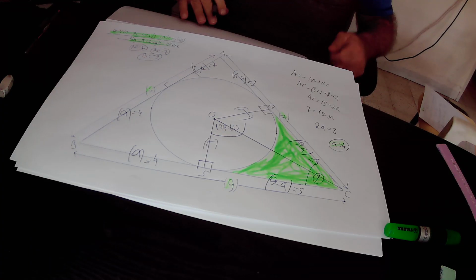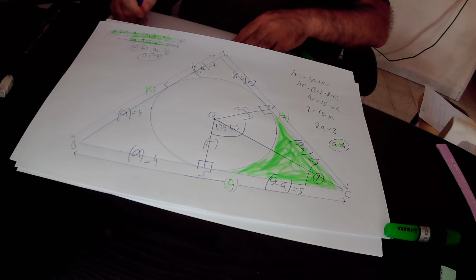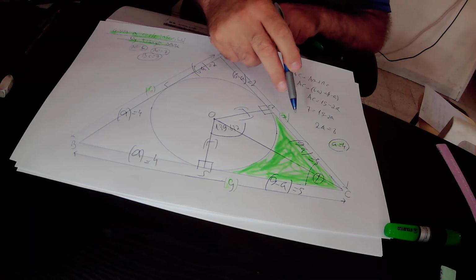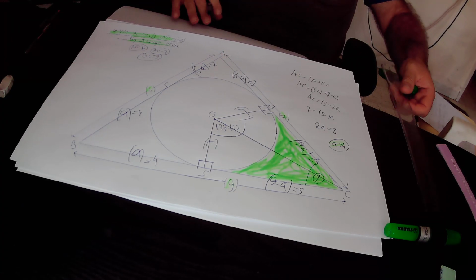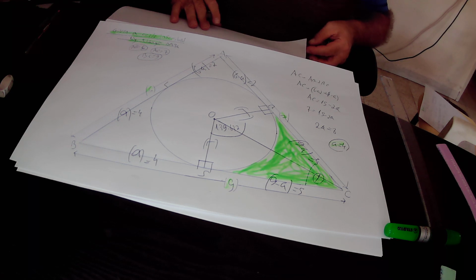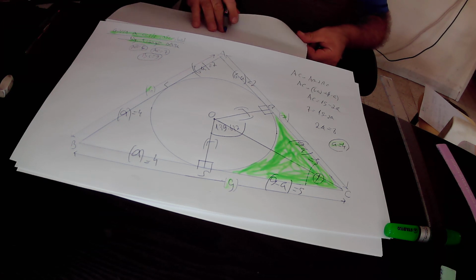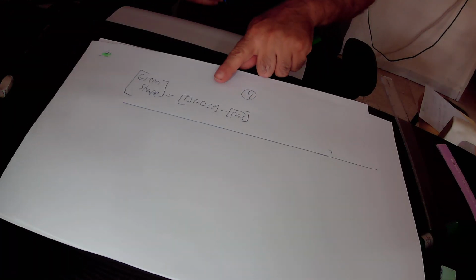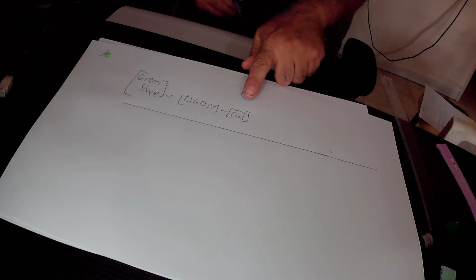And again, the area of this green shape in total is equal to the area of quadrilateral QOSC minus the area of sector OQS. The rounded line above OQS is the sign of a sector.